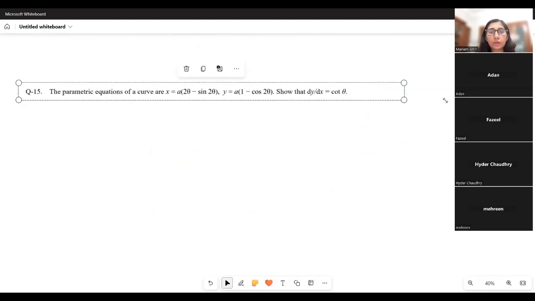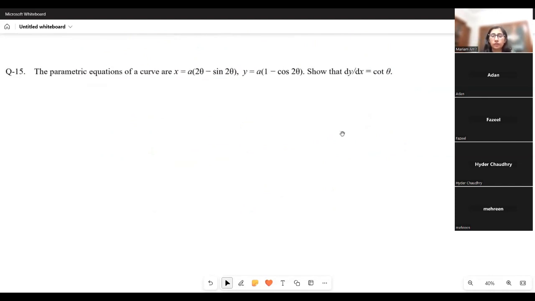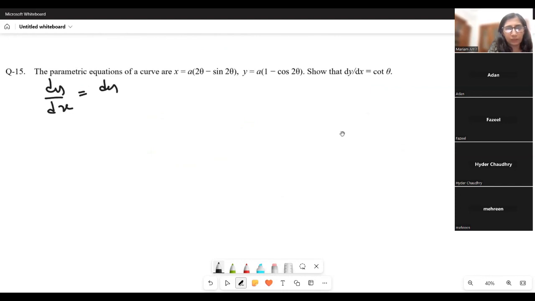Parametric equations of a curve are x equals a times 2 theta minus sine 2 theta, and y is given similarly. Show that dy over dx is cot theta. So we will have to use chain rule. dy over dx equals dy by d theta times d theta by dx.